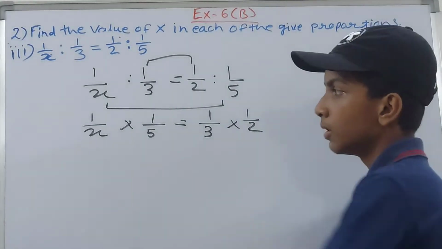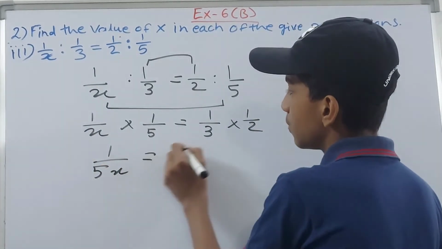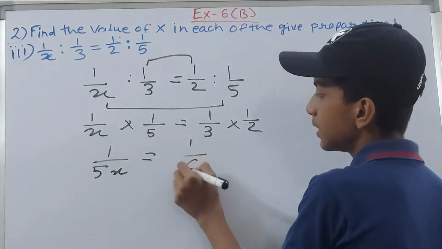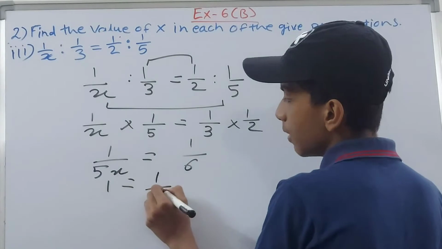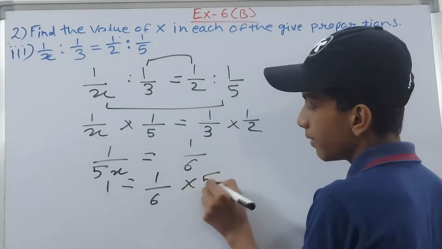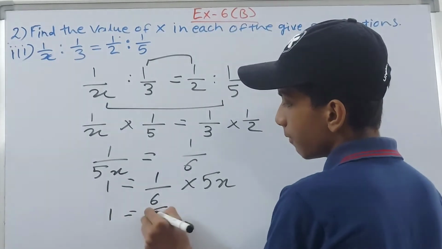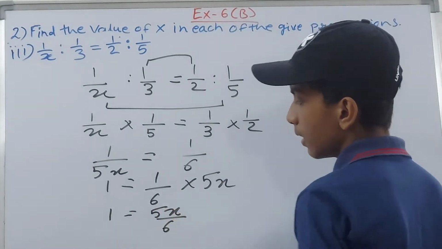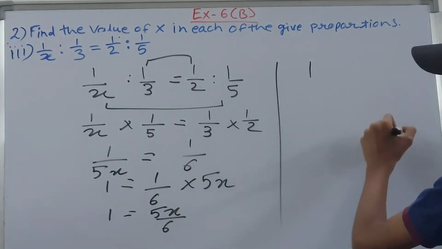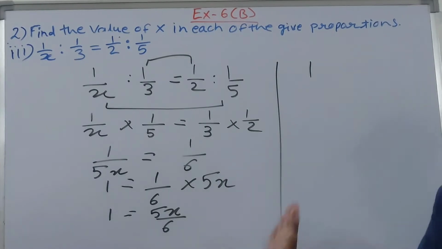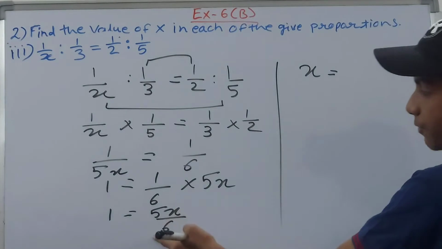Now we'll solve it. 1 upon x into 5 will be 5x, is equal to 1 upon 6. Now this 5x, I'll take it here. So 1 upon 1 is equal to 1 upon 6 into 5x. So 1 is equal to 5x upon 6. Now I will take this 5 upon 6 to the other side.